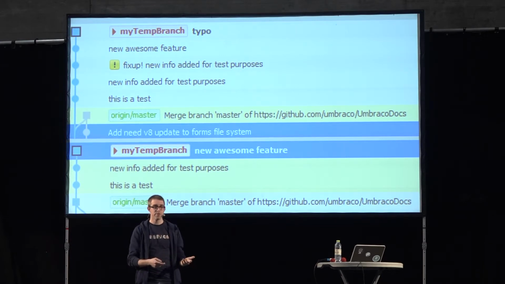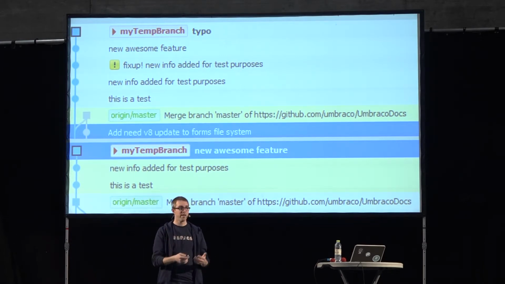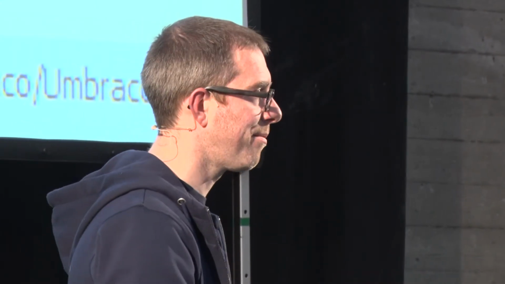And you can easily push. The commit history is fine and nice to read for someone else. We all should be doing this. If you have commits with typo, and what else? I have a slide of that coming up. You are not being nice to your colleagues if you do that.